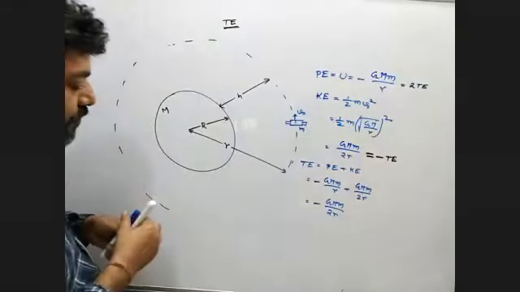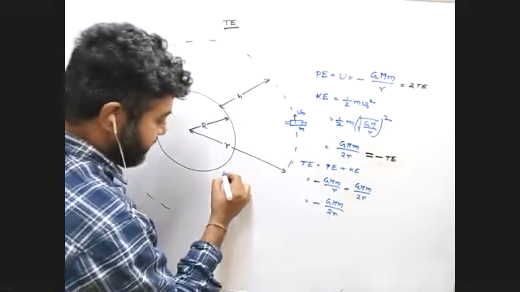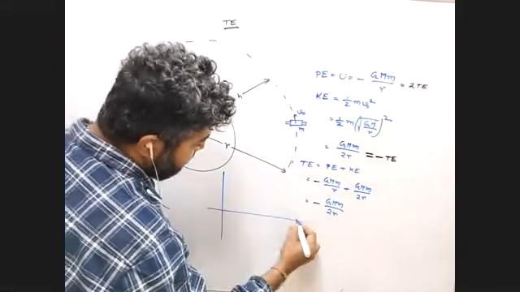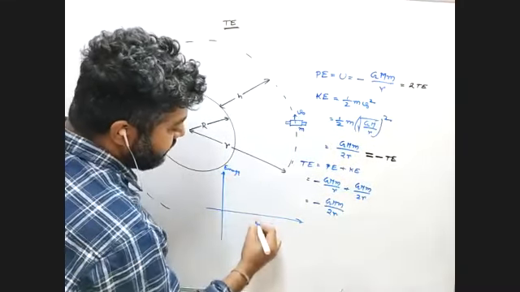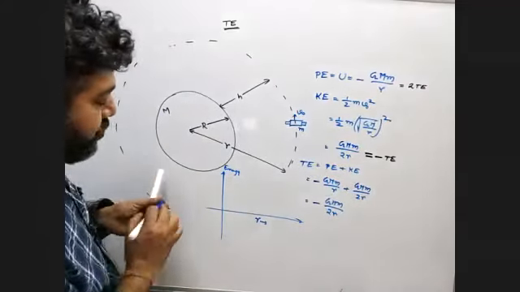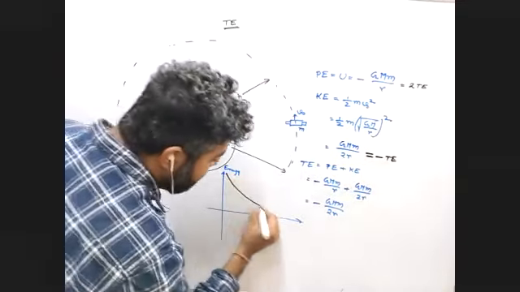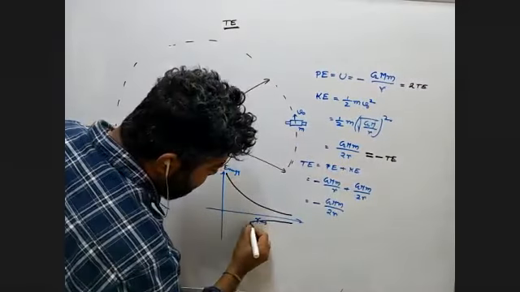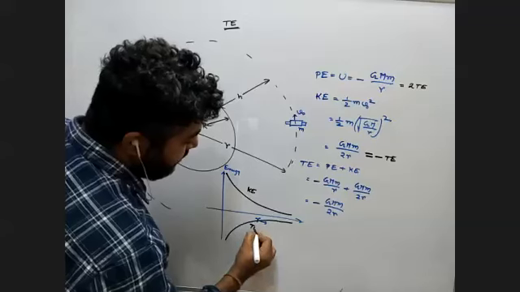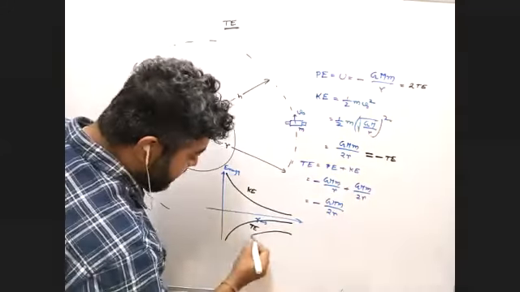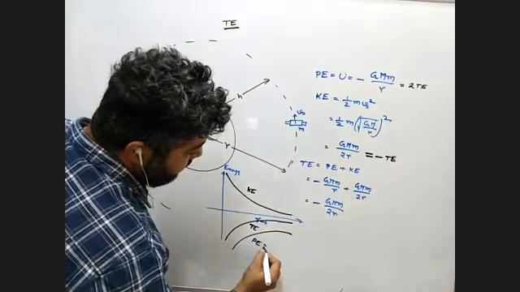So if we want, we can draw a graph which is sometimes very important. Energy, this is the position. So kinetic energy and total energy are exactly the same, but just the mirror image. Kinetic energy and total energy, and potential energy is double the total energy.